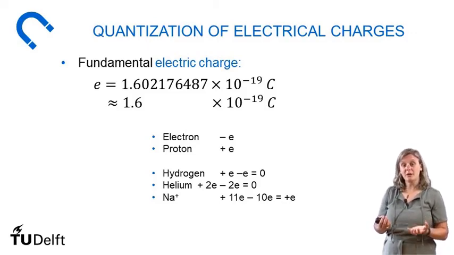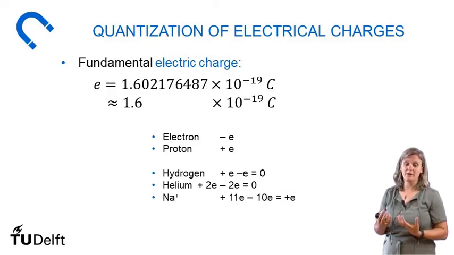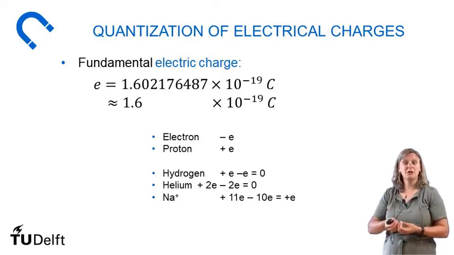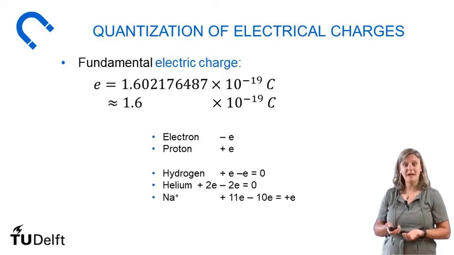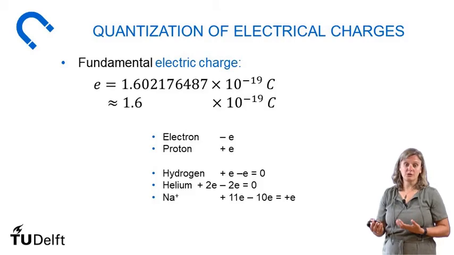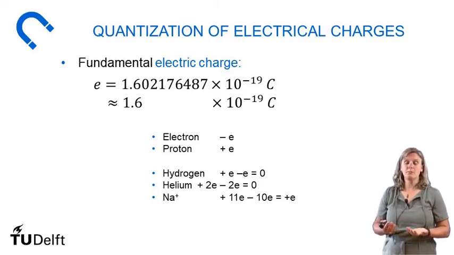And only 300 years later, Mr. Millikan, in a very beautiful experiment, found that the fundamental electric charge, so the smallest possible charge, is actually 1.6 times 10 to the power minus 19 Coulomb, which is basically 1 electron or 1 proton. For example, for hydrogen that has 1 proton and 1 electron, it is 0. And for helium and sodium, it's either 0 or plus 1 charge.